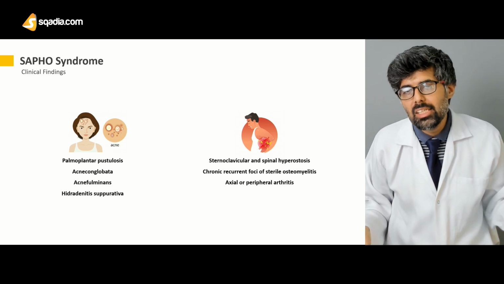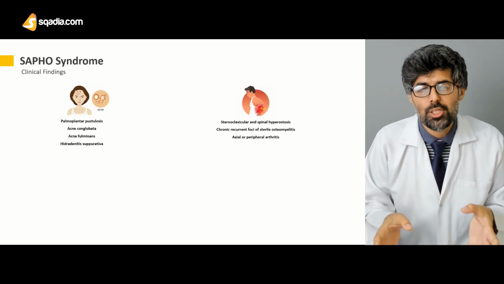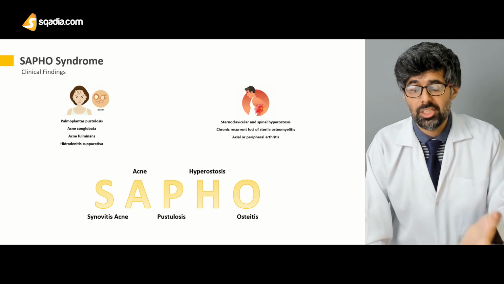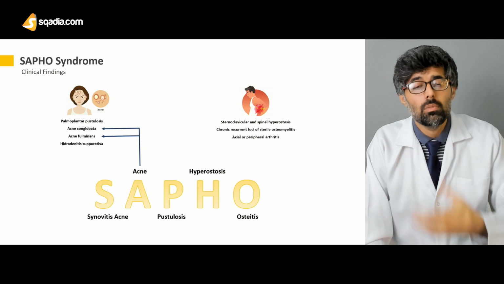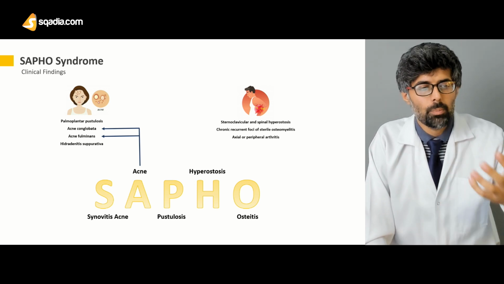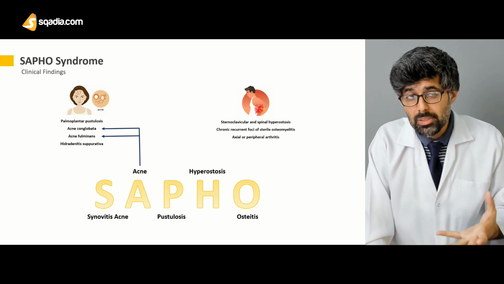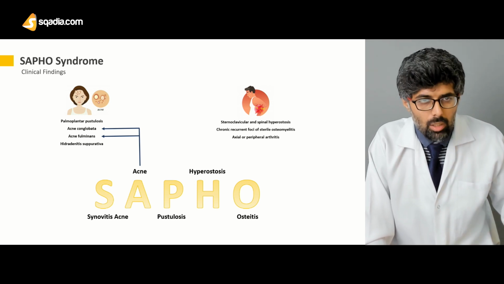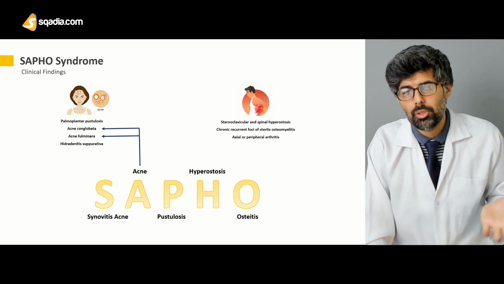So if there are recurrent foci, that is areas of sterile osteomyelitis with axial and peripheral arthritis, along with the acne and the skin problems, we can easily diagnose this patient as having SAPHO syndrome, because in this patient the synovitis will come from the arthritis, the acne will come from the acne conglobata and the acne fulminans, the pustulosis will come from the palmoplantar pustulosis and the hidradenitis suppurativa.